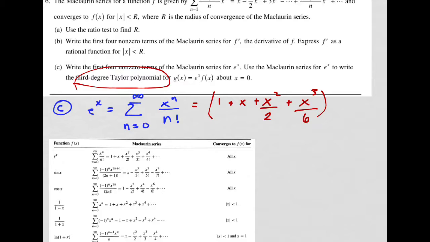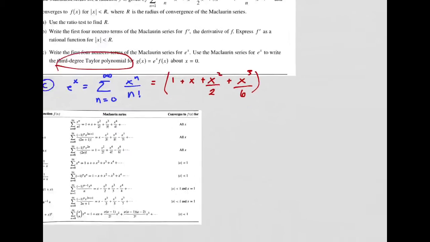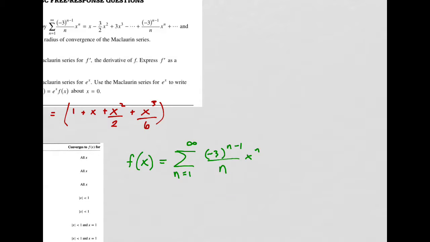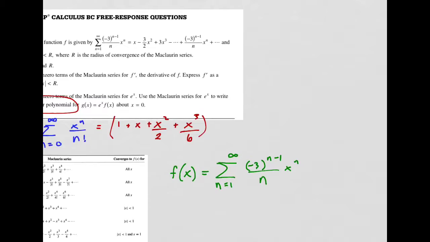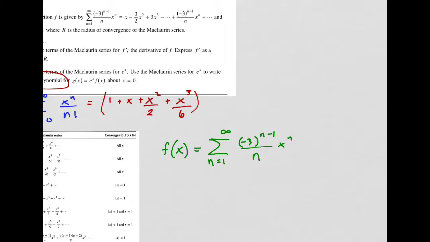Wait, I was thinking of f prime, but f is just this, so I can use this formula. I'll multiply it out and keep the first four terms that I get.